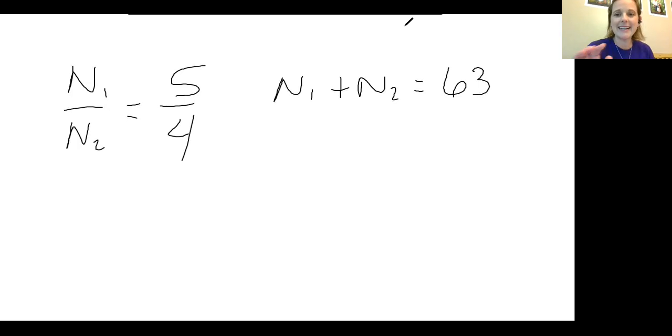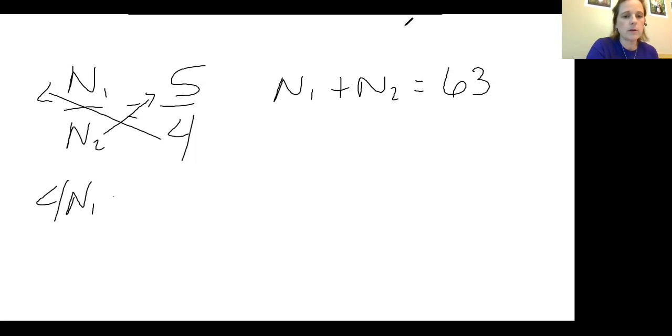Now what? Yikes. Okay, so we have our ratio of the two numbers is 5 to 4, and the sum of these two numbers is 63. We're going to cross multiply. So we're going to multiply like that to get us a linear equation here. So we're going to end up with 4n1 equals 5n2.